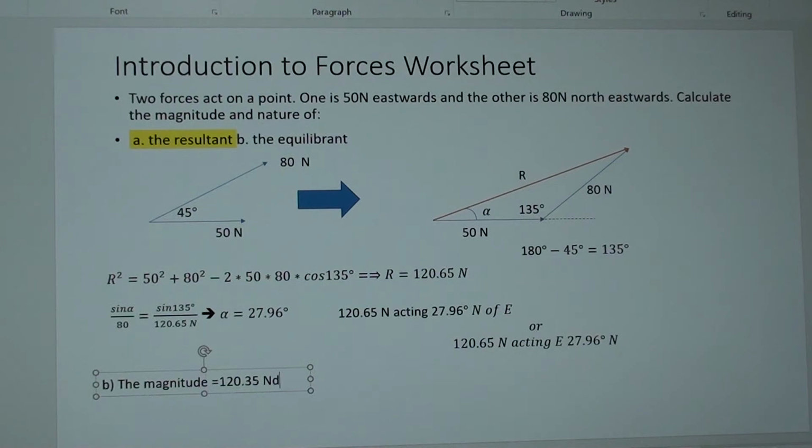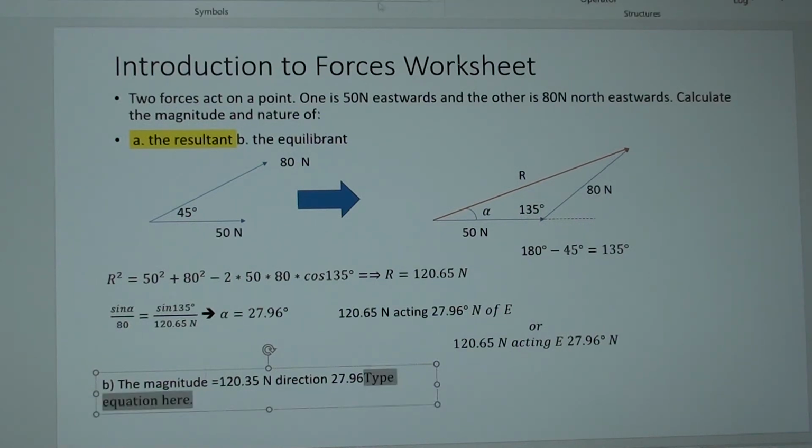Now the direction will be 27.96, and make sure, sorry, it just didn't have a space between them. If I need to add the degrees, then I go to the equation editor, and that's very important here. It will be south, opposite of the resultant, of west.